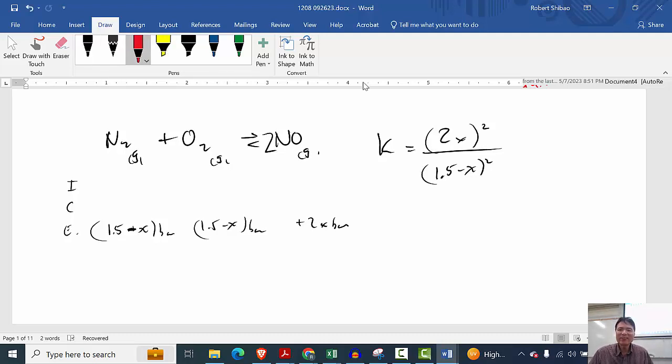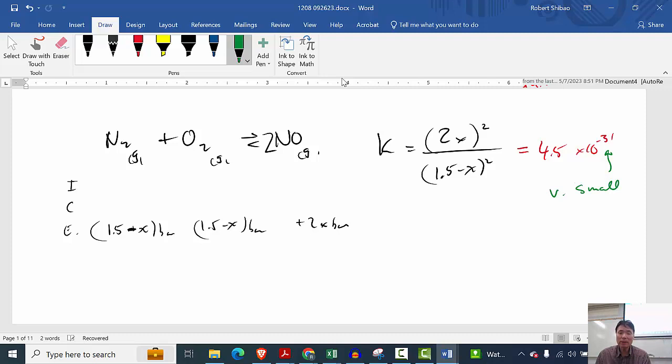but we're going to assume that it's small because of k. It's very small, so we don't expect the change to be very big.